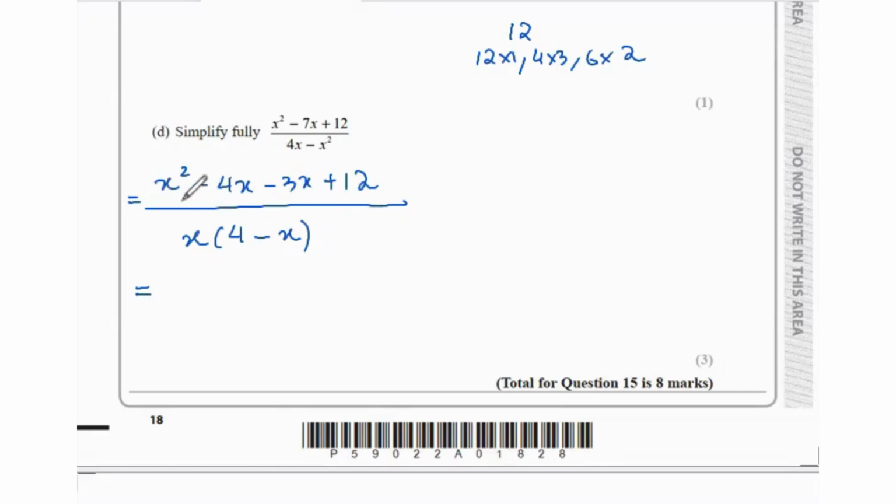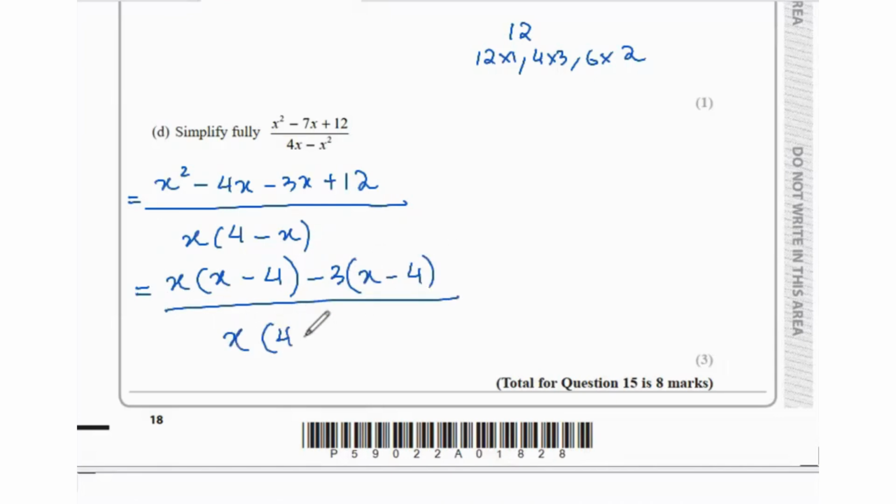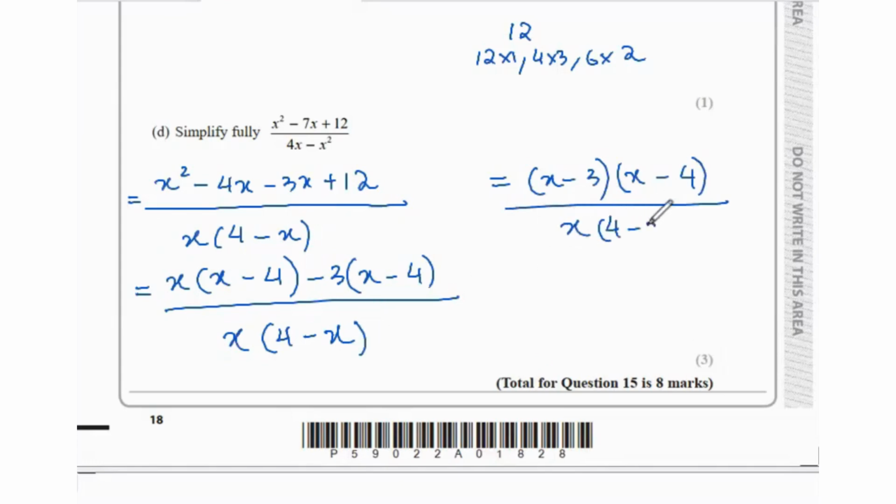Now factor by grouping. In the first two terms, we have x common, so x - 4. The last two terms, we have negative 3 common, x - 4, over x(4 - x). (x - 3)(x - 4) divided by x(4 - x).